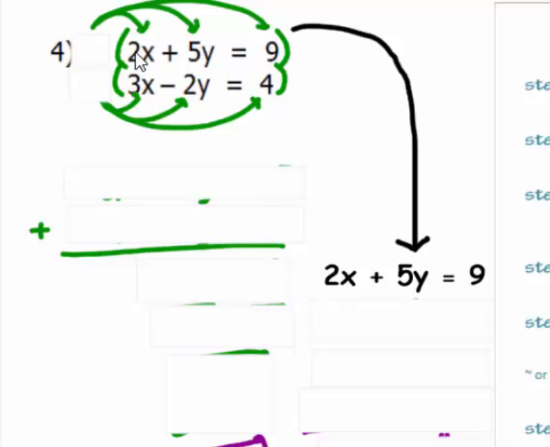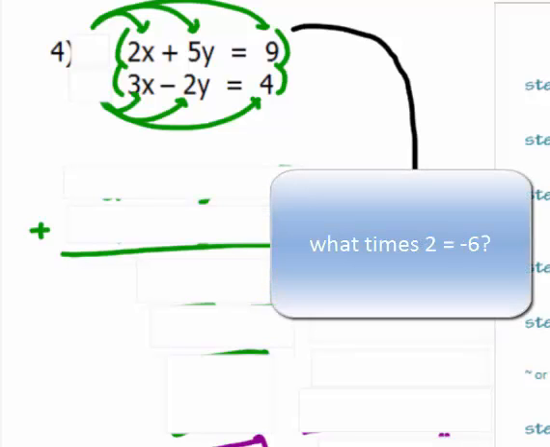So if we're going to try to eliminate our x's, we need to think about what do we need to multiply 2 by and what do we need to multiply 3 by. It's that same common denominator thing. Okay, so the least common multiple here is going to be 6. You're going to try to multiply the top equation by something that's going to get you 6. So how about 3? You're going to multiply the bottom equation by something that's going to get you 6, so that's going to be 2.